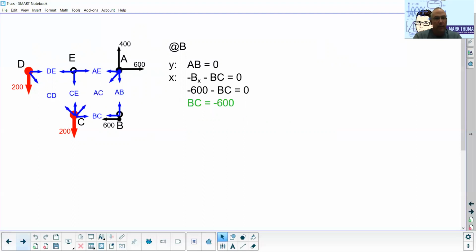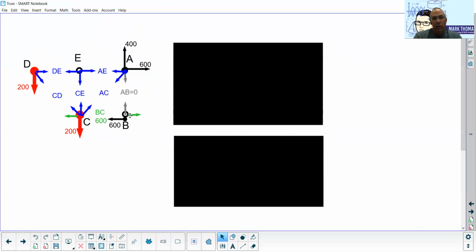So whenever we do that, I've redrawn the arrow for BC, but notice that I've redrawn it on both sides. So I've redrawn it to the left over here at C and to the right over here at B. And then the BC value is 600, but it's actually in compression here rather than in tension. So that rod is being squeezed, but we draw them away at the joints.